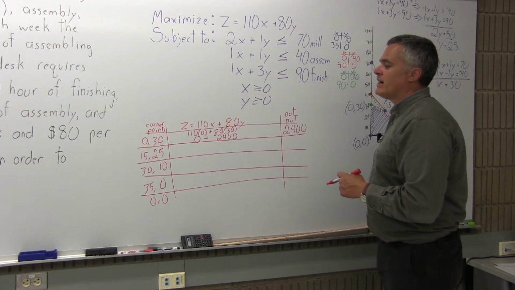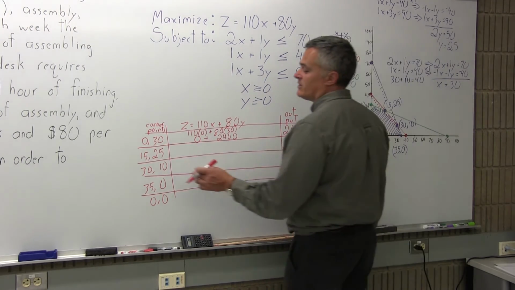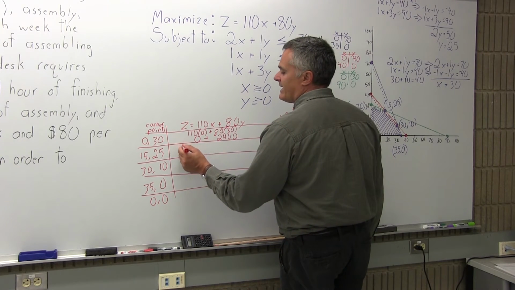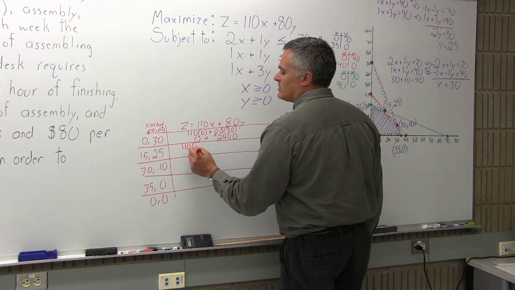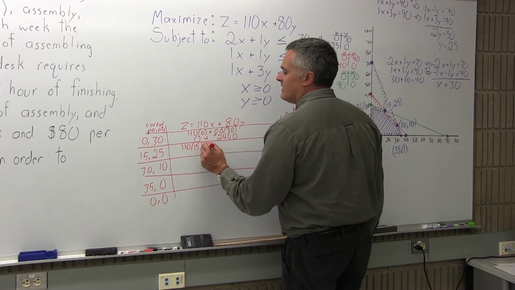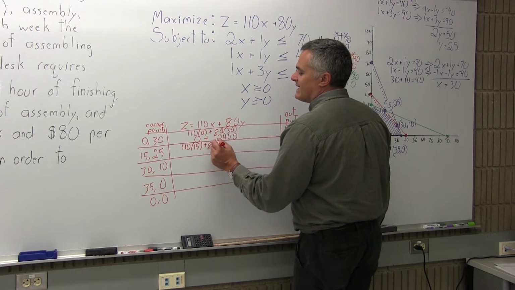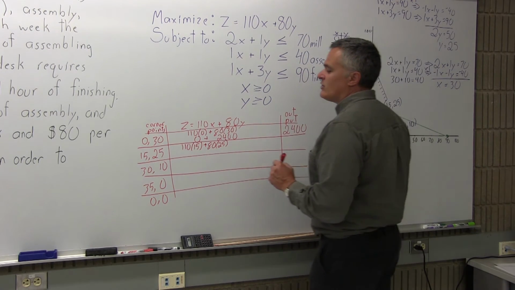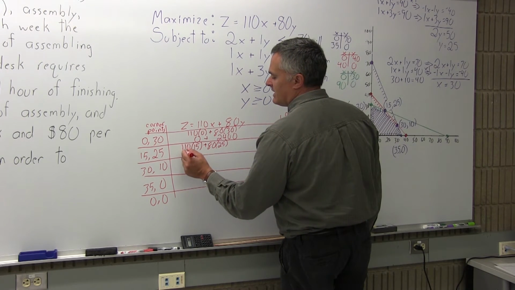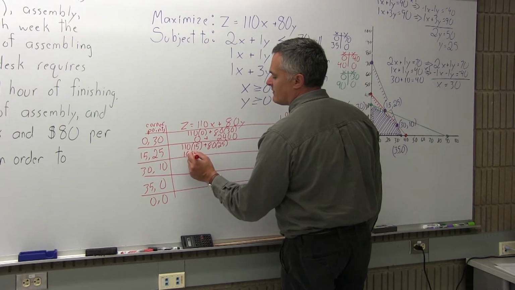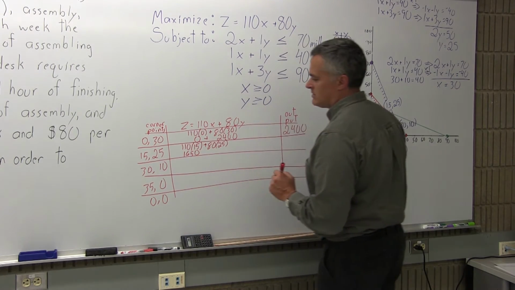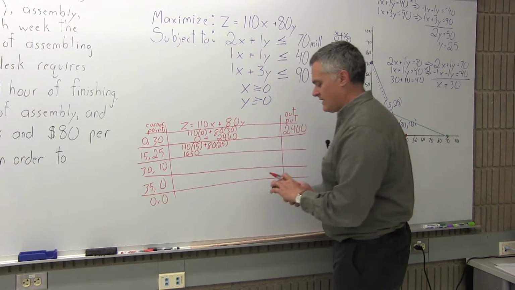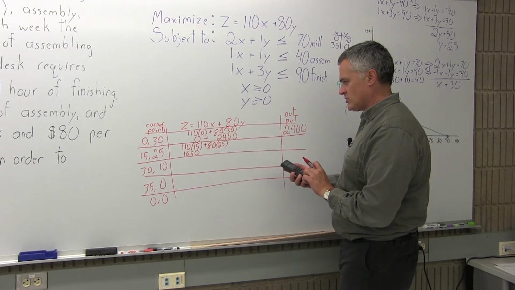Now the next one down, 15, 25, means what profit do we get by making 15 desks and 25 chairs? So the 110x becomes 110 times 15, and the 80y is 80 times 25. So 110 times 15 is 1,650. Let me double check that to make sure.